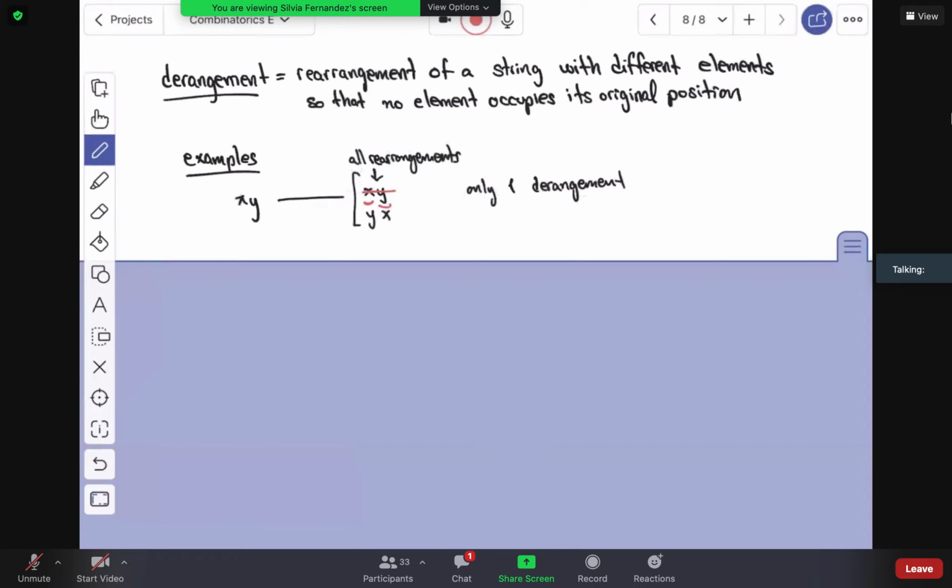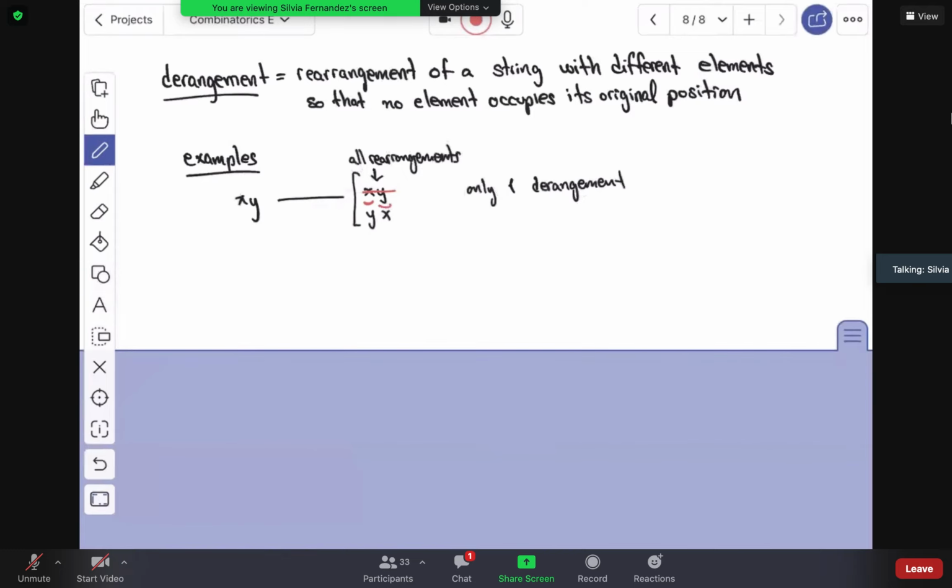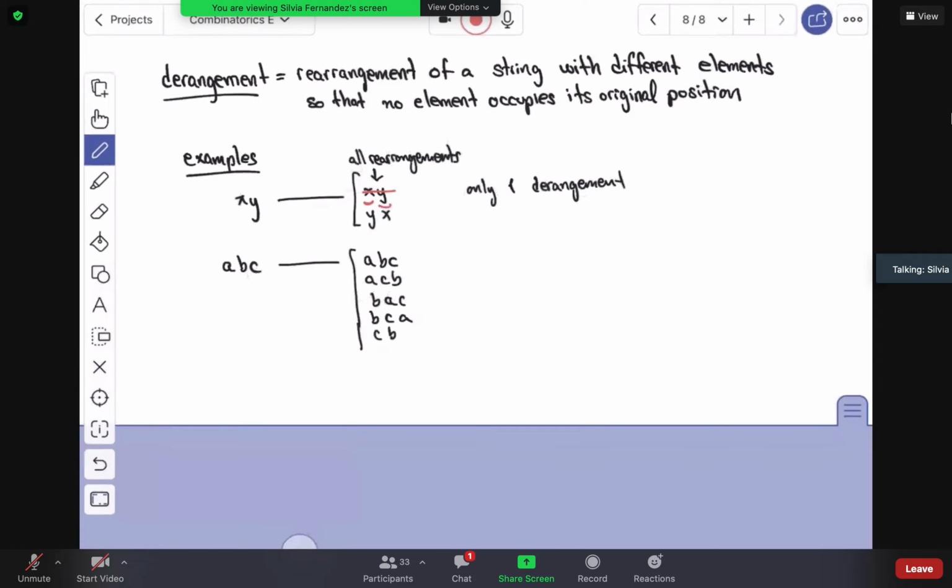Okay? So let's do 3 letters at a time, A, B, C. So I can write the 3 factorial: ABC, ACB, BAC, BCA, CAB, CBA. That's it.